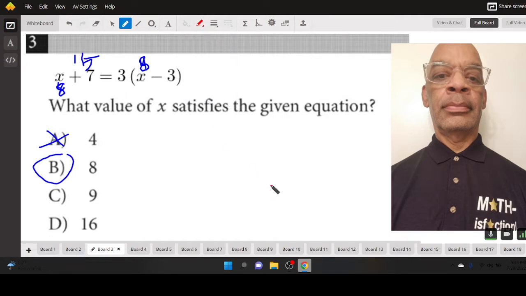If your preference is to attempt to solve equations algebraically, let's demonstrate that with distributive property. So we have x plus 7 equals 3x minus 9. Subtract 3x from both sides, and subtract 7 from both sides.